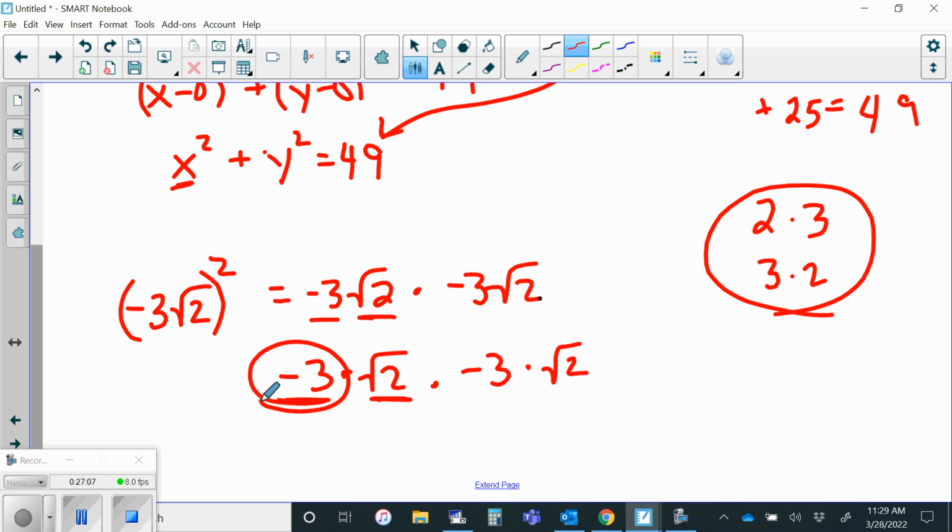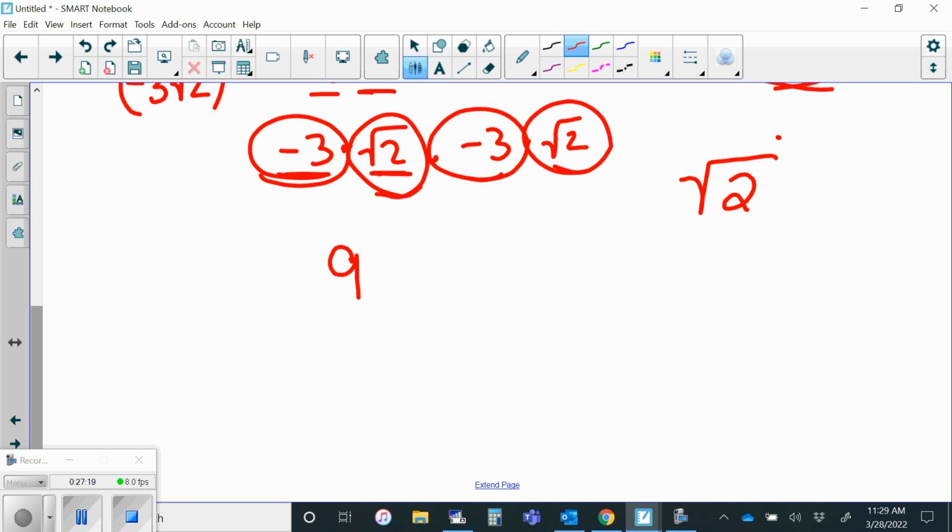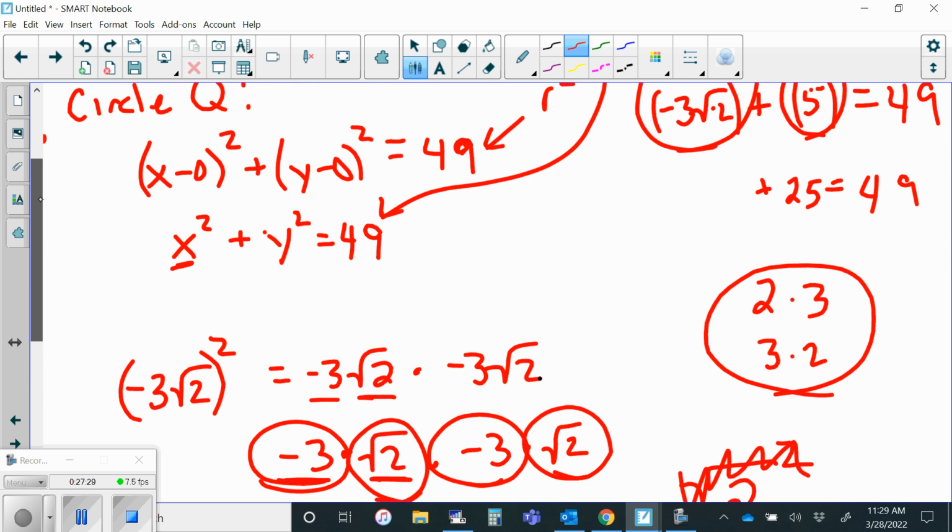Could I do negative 3 times negative 3? What's negative 3 times negative 3? 9, yes? What's the square root of 2 times the square root of 2? That turns into the square root of 2 squared, right? And what happens to the square and the square root? And then I end up with 9 times 2. And what's 9 times 2? So that's how I squared that front number.